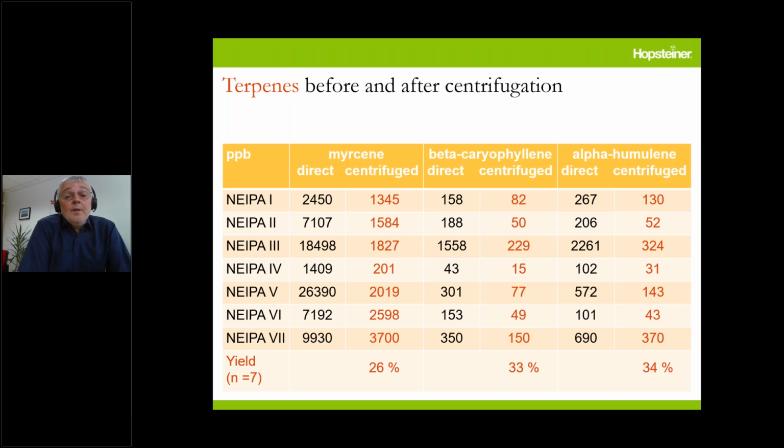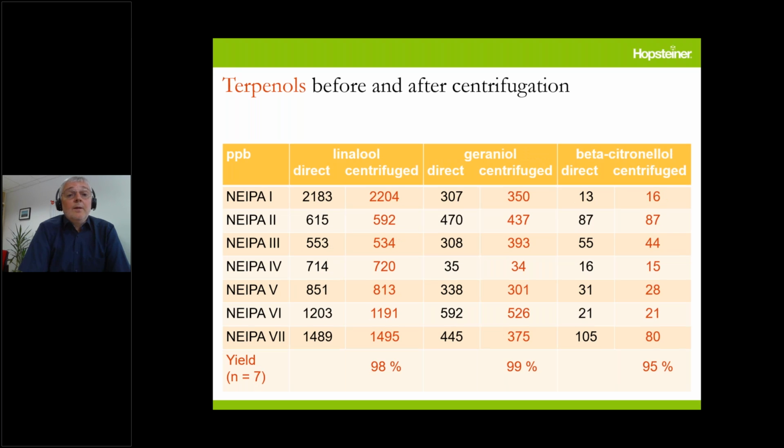And in the end, you see a considerable reduction of all these terpenes by centrifugation. And you have a yield resulting after centrifugation in the liquid phase, which is 26% for myrcene, 33% for beta-caryophyllene, and 34% for alpha-humulene. So it's a very high reduction after centrifugation.